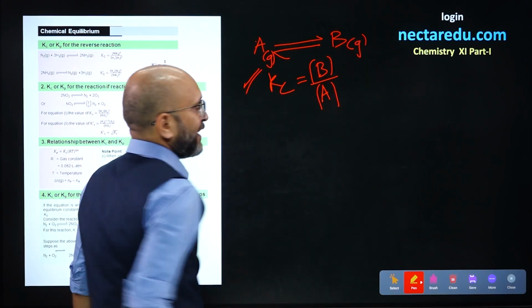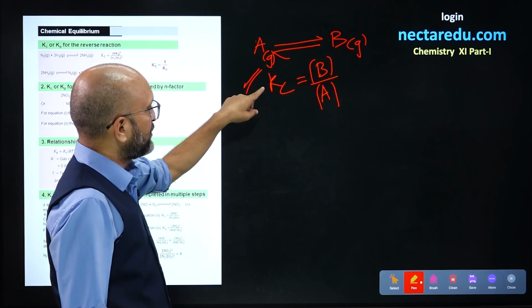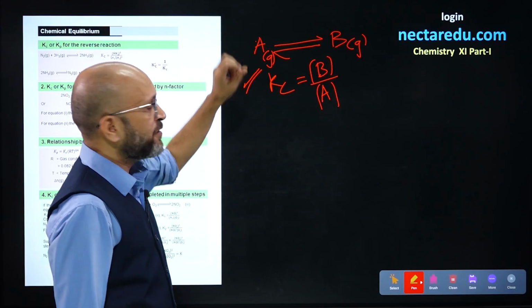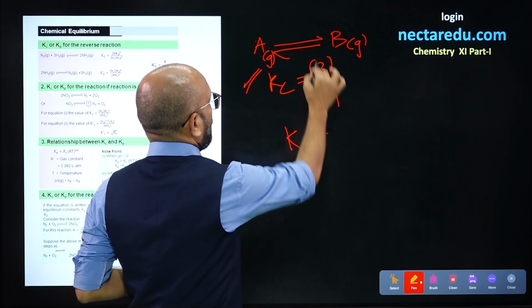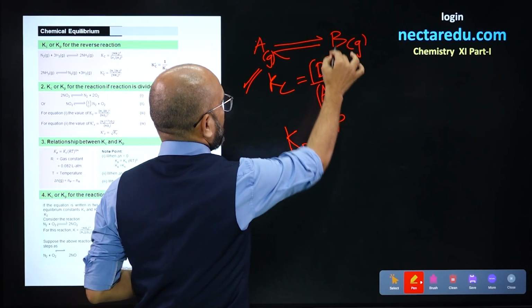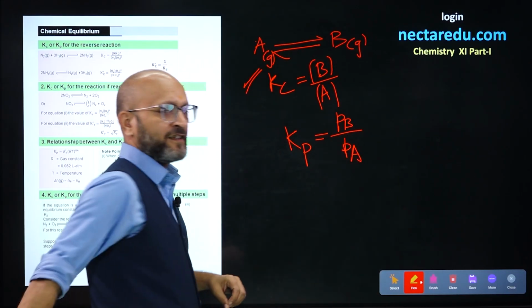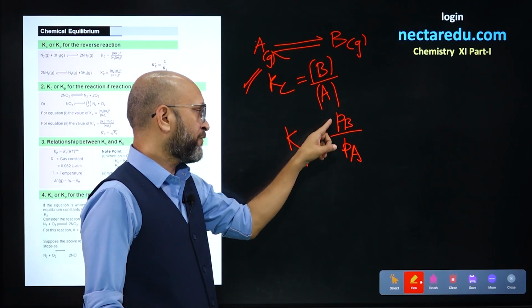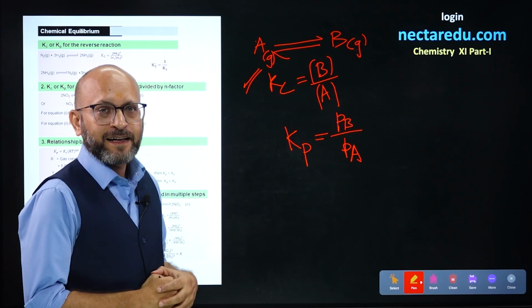When you take concentration values, we say the equilibrium constant is Kc. When we put partial pressure values, then we say Kp. Then you use the partial pressure of B upon the partial pressure of A. So there is not much difference. Instead of concentration, you have to take partial pressure. This is applicable only for gases.